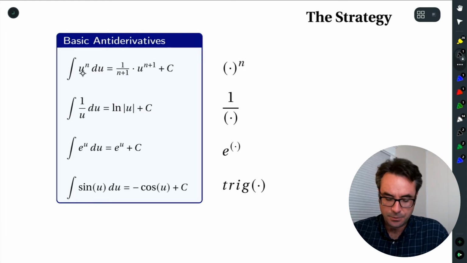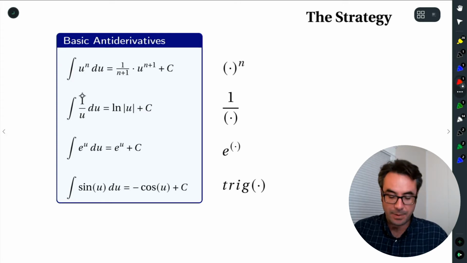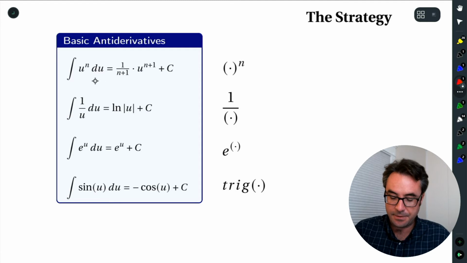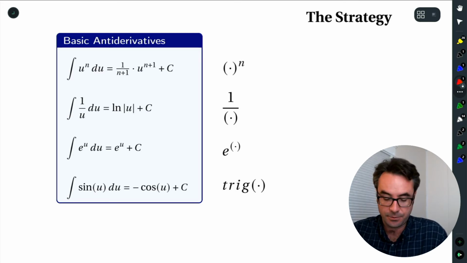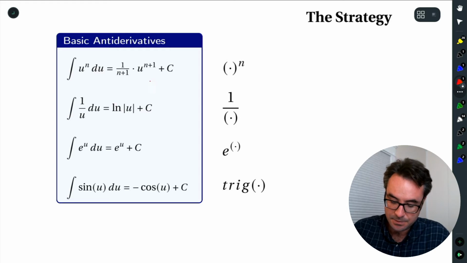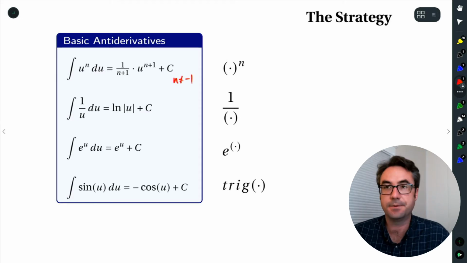All right, so first of all, we have our power rule right here. And this power rule, we know it works for every single n value except, so this works for n, we'll just say n not equal to -1.